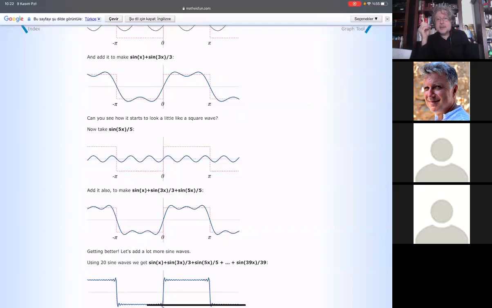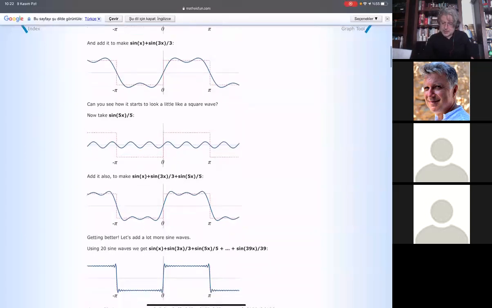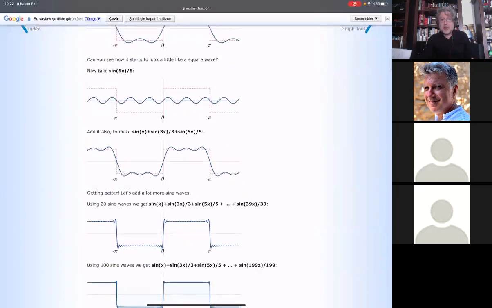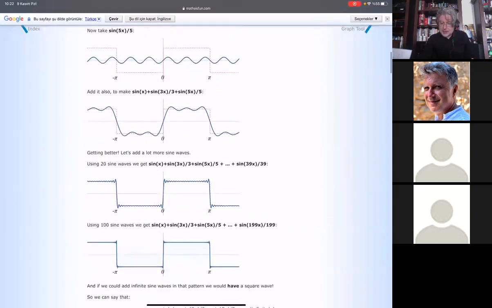Clearly, in the ideal case, we have to add infinitely many, because the Fourier series representation starts from k equal to minus infinity and goes all the way up to k equal to plus infinity. So we increase and increase and increase. For example, when we come up with the 39th harmonic, it's almost a rectangular wave, but can you notice the ripples around the discontinuity points? It's like the horns, okay?